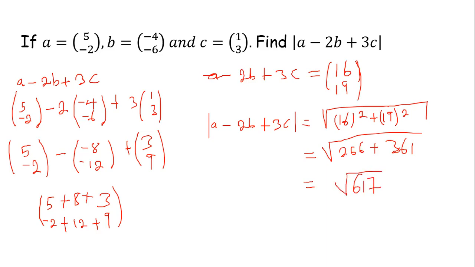Then we find the square root of 461, which will give us 21.4709. This is rounded to 4 decimal places.